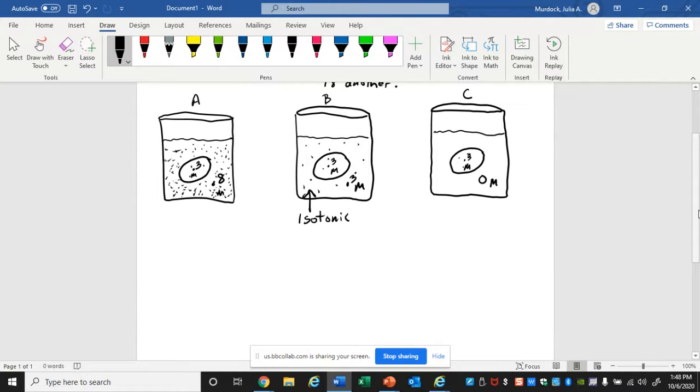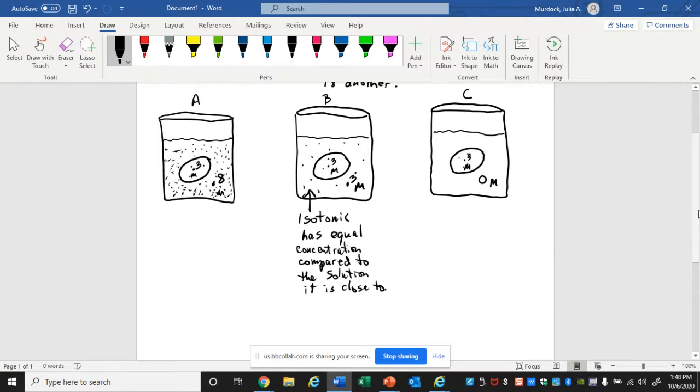You could also say that the inside cytosol is isotonic to the solution it's floating in. An isotonic solution is always going to have an equal concentration compared, trying to use good English here, to the solution it is close to, on the other side of the membrane, right?